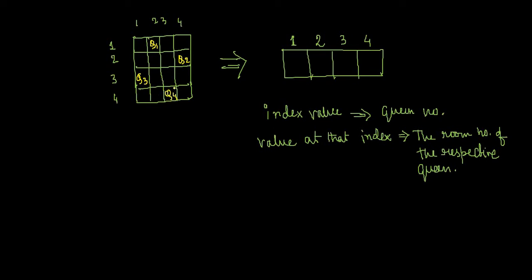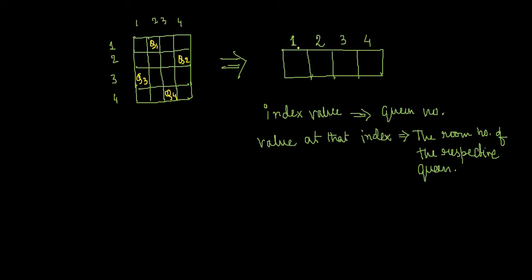You see? So this is a possible option for keeping 4 queens, and you see nobody can see each other. They are not in a diagonal with each other. They are not in the same column with each other. So this is fine. Now, how will I represent this with respect to one dimension?